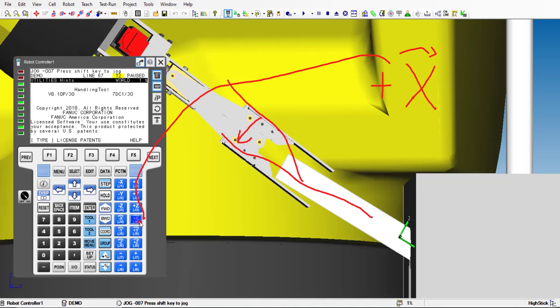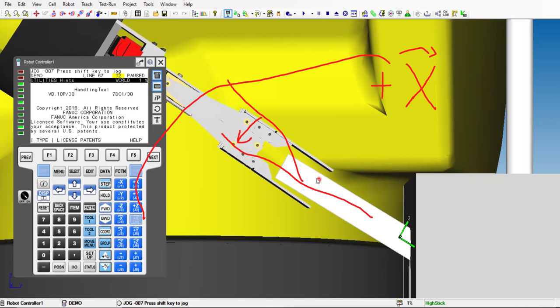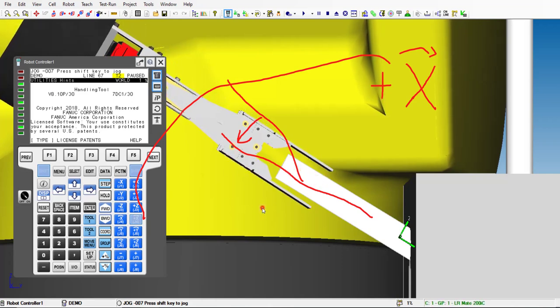So shift positive X rotation. So you can see the movement on here, right? So that the gripper lines up and the gap is being fixed. And I think it's pretty good. Now I can release the shift, right?